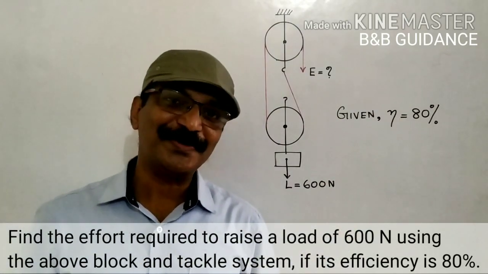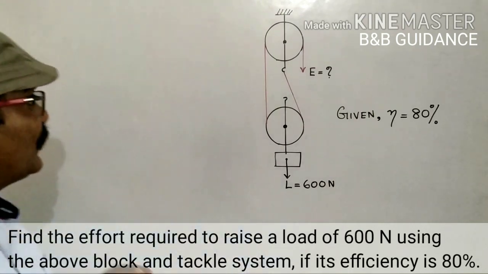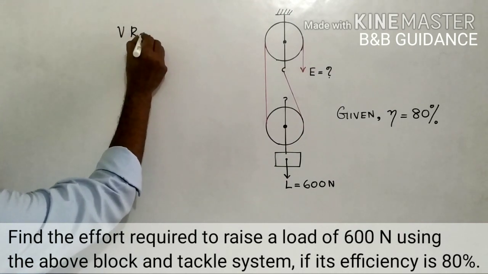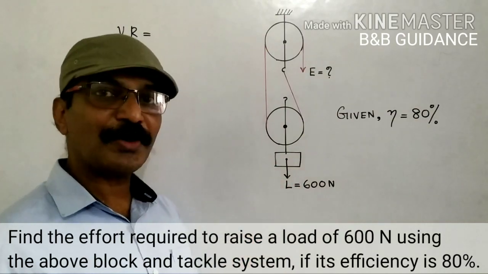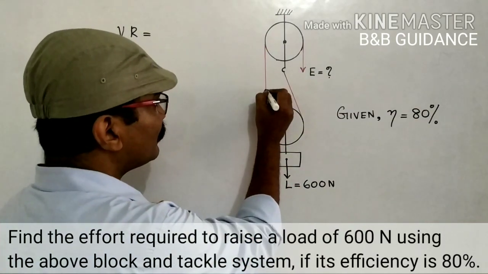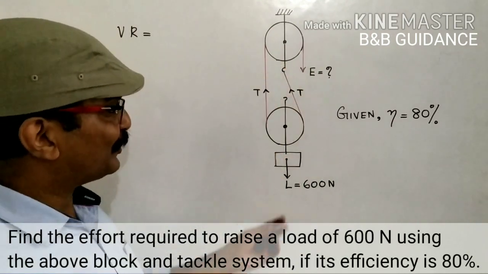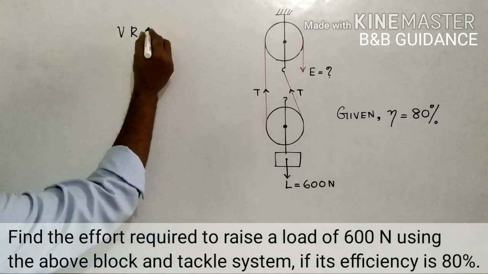Yes, you can do. First we will write the velocity ratio. What is the velocity ratio? Velocity ratio is equal to the number of strands supporting the load. So how many strands are there? See here, 2 strands are there to support this load, isn't it? So velocity ratio is 2.